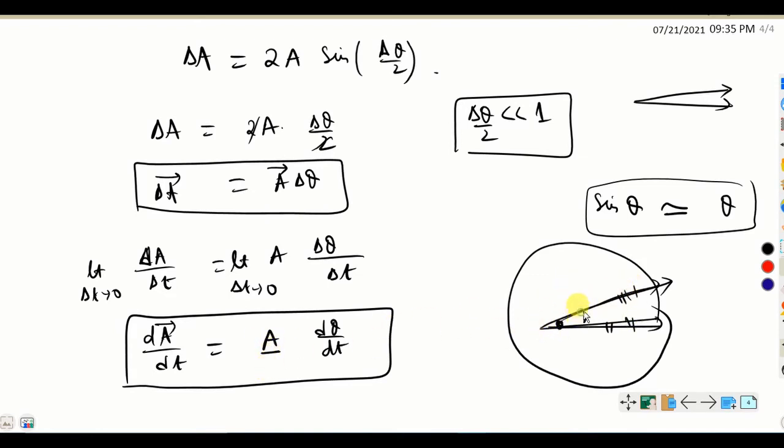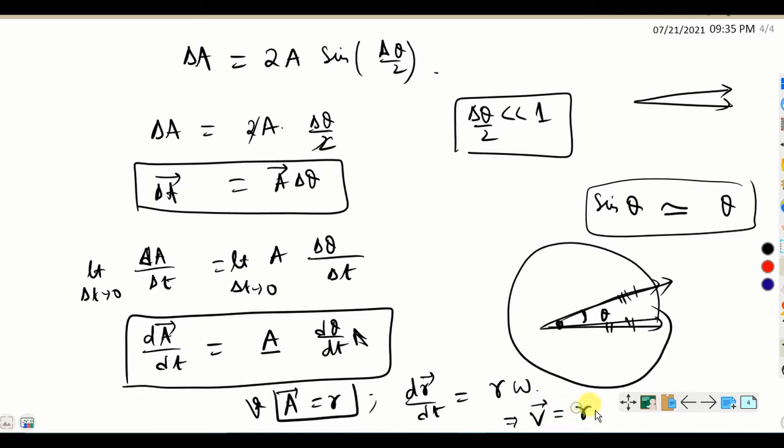And whatever the change is, it is because of the direction. Suppose A is your R. If A is your R, so we can write dr by dt is equal to R and d theta by dt gives you omega. Therefore V is nothing but R omega.